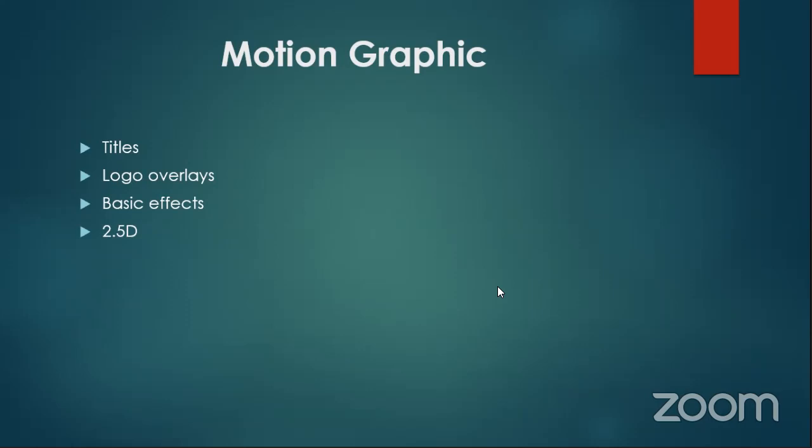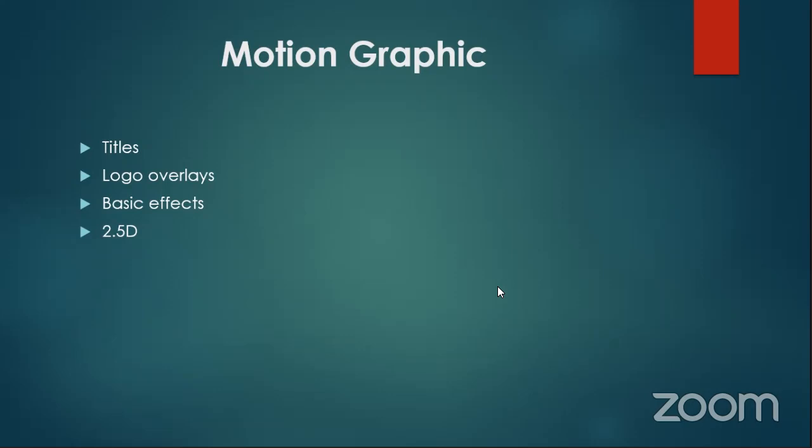Yes. Okay, so moving forward with the motion graphics stage, we create the titles, and if there are requirements of logo overlays, so logo overlays and basic effects, and then 2.5D. Now, what is 2.5D? If you are making a documentary where you want to use multiple images, using plain images with the live action, we'll have to animate a few things.